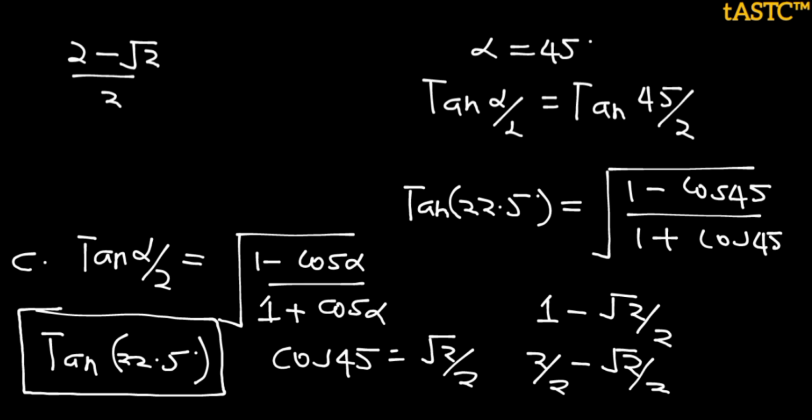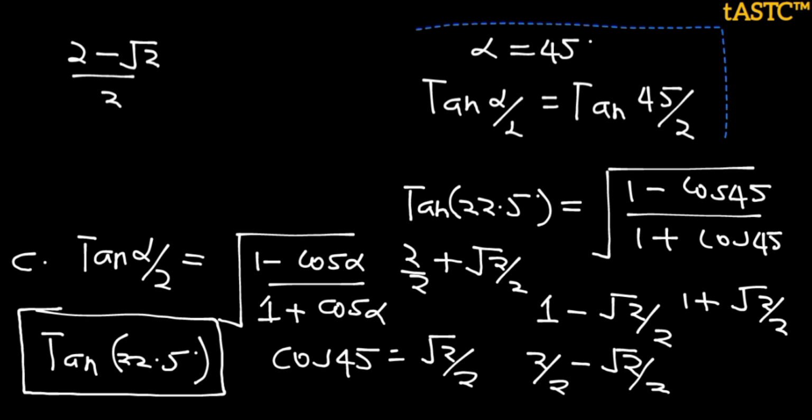Therefore, 1 plus cos 45 should be 1 plus root 2 divided by 2, which is 2 divided by 2 plus root 2 divided by 2. That is what we're going to have. I'm going to wipe these out now.